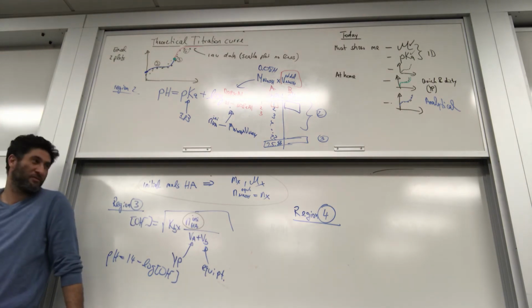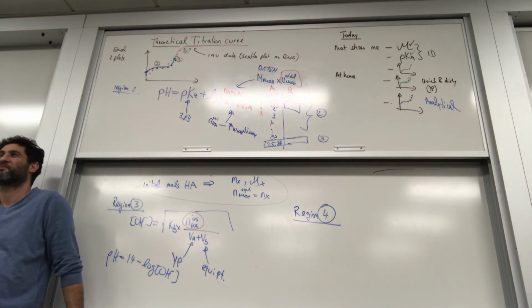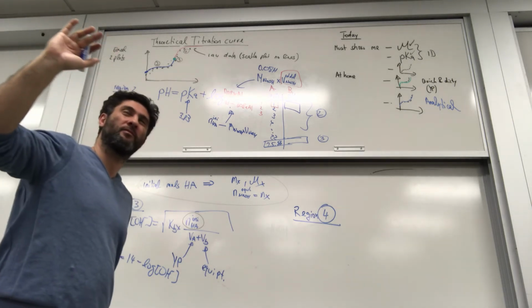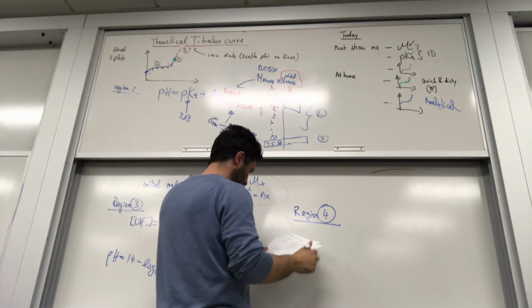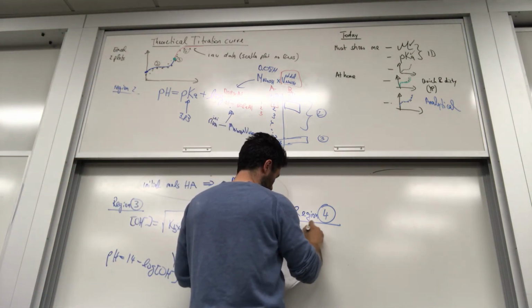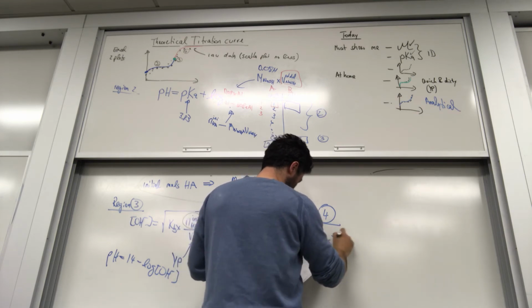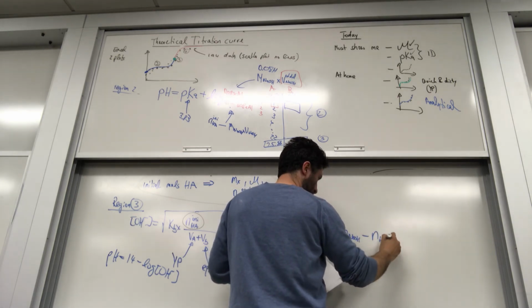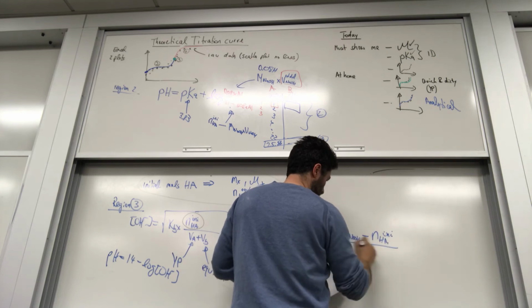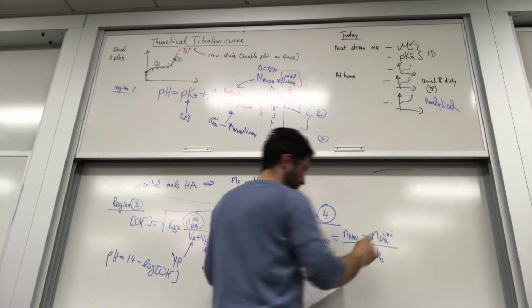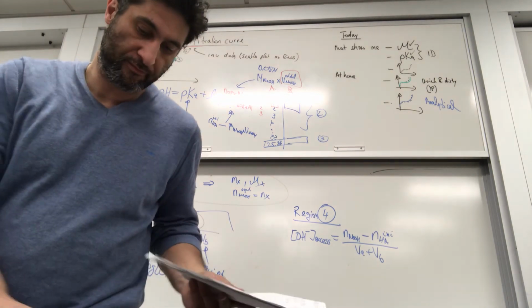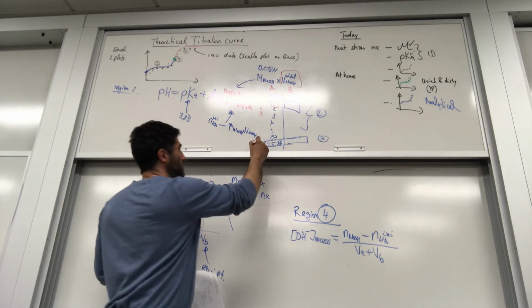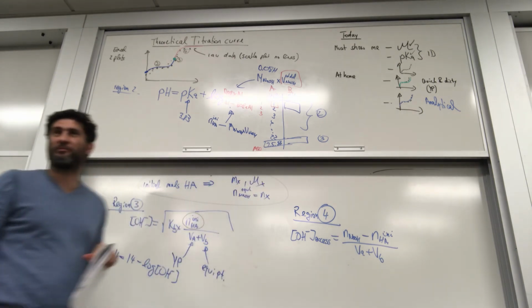Who memorized the equation for region 4? It's the moles of OH excess over the volume of acid plus volume base. Let's say this is A50, okay?